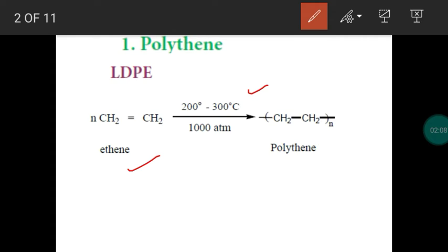Peroxide will act as a free radical initiator. So ethene becomes polythene due to free radical polymerization reaction. And this low density polyethylene is used to prepare insulating materials like cables, toys and so on.